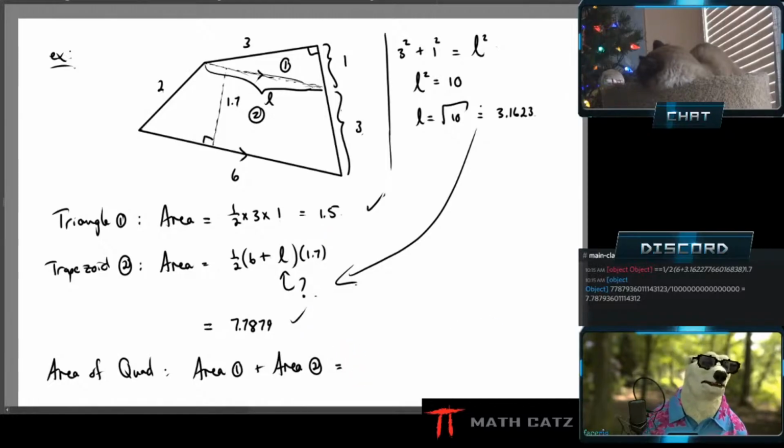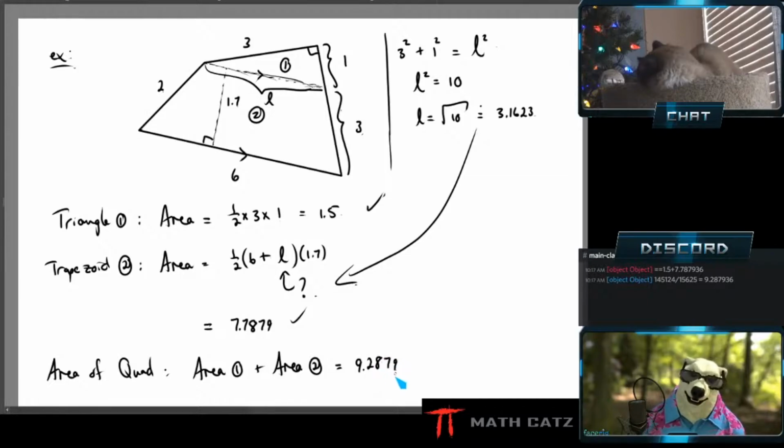Let's add those together. That shouldn't be too hard. 1.5 plus, I just need a few decimals here, 7.787936 will be fine. And we get 9.287, 9. That can get a line under it.